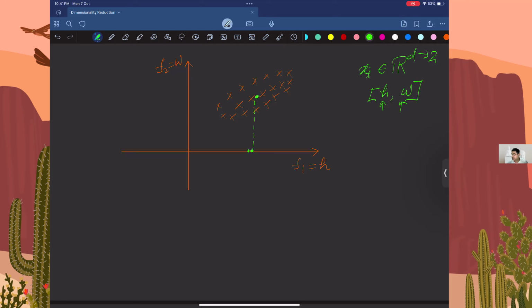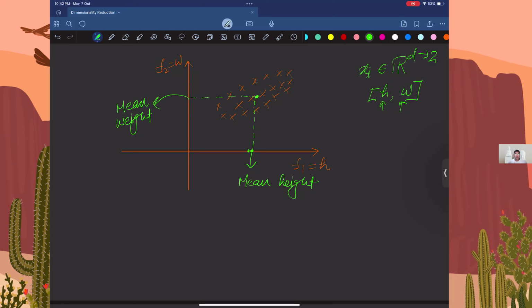So let's take this as a mean point, and here, this is a mean point. So this is my mean height, and this is my mean weight. Now, how am I getting this?